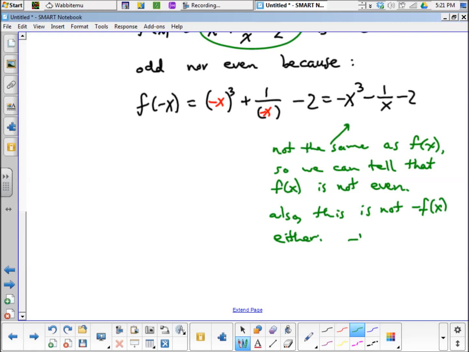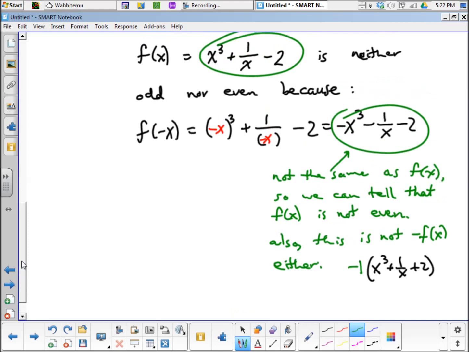If you pull a minus 1 out, you get x cubed plus 1 over x plus 2. See that? So I just took a negative 1 out of this thing. And it doesn't seem to be negative 1 times f of x. This is not f of x, see? Okay, so there's basically an example where it's neither. And that is one of the homework questions they'll ask you about.